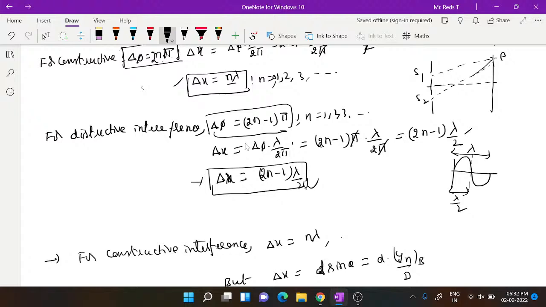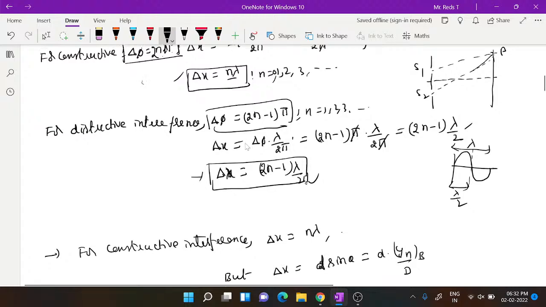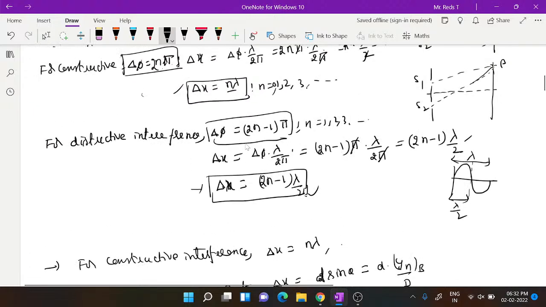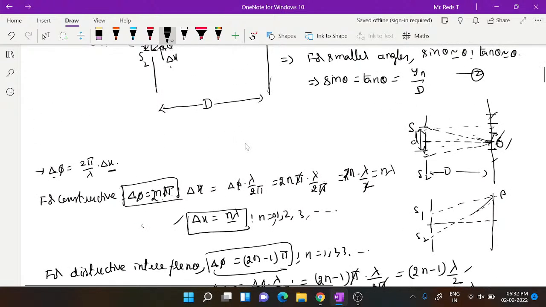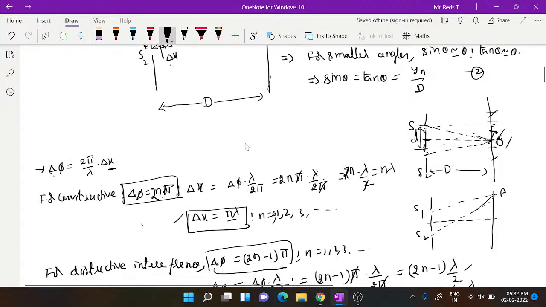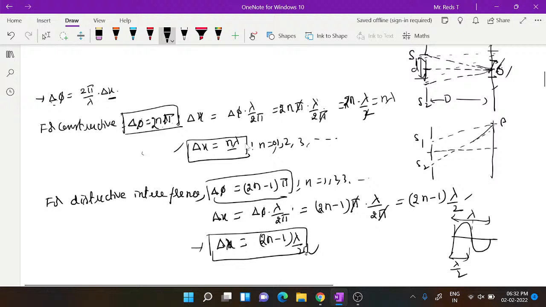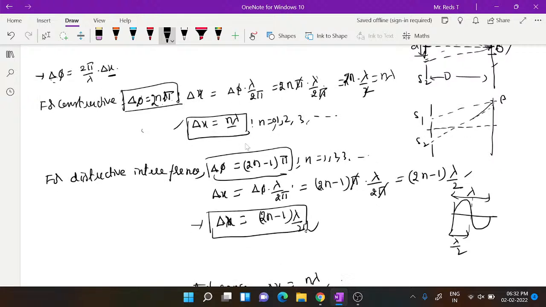These are the conditions you can understand in Young's double slit experiment. When the path difference is n lambda, you'll get a bright fringe. When it is (2n minus 1) into lambda by 2, you'll get destructive interference, meaning a dark band.